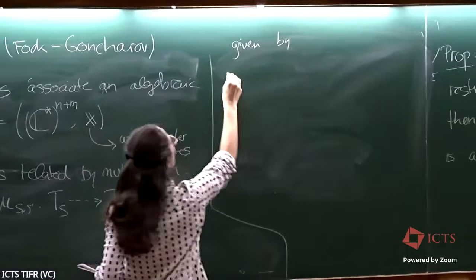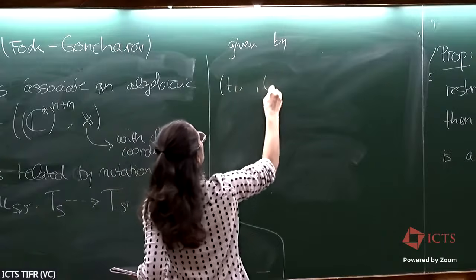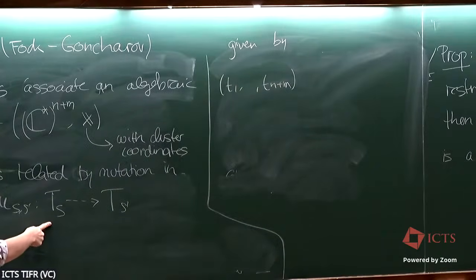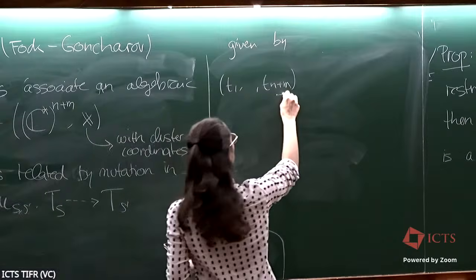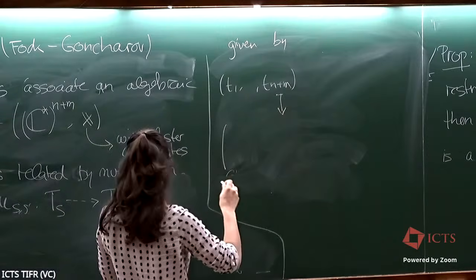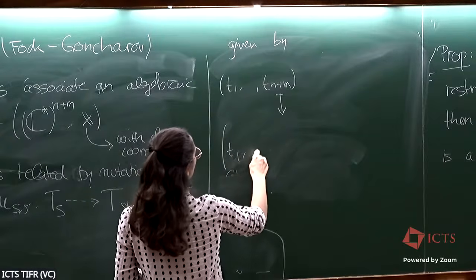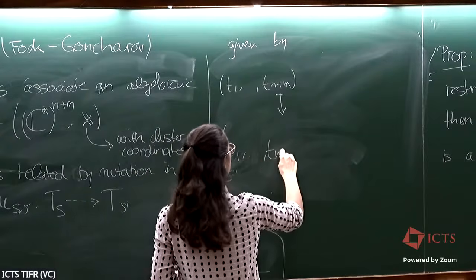So if I take a point t1 to t_{n+m} in my torus T_S, I will send this to the following. So the first k minus 1 coordinates, I just keep them as they are.